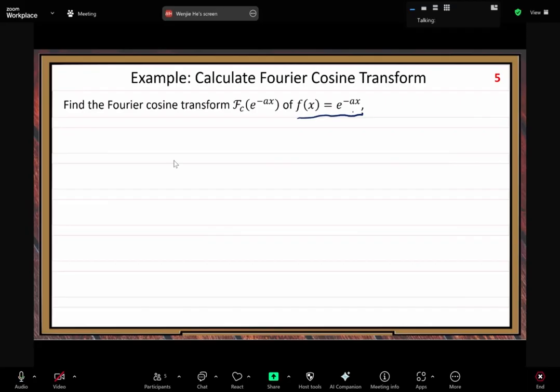For this simple example, you basically have two ways to calculate.